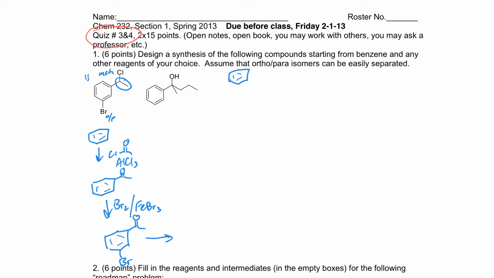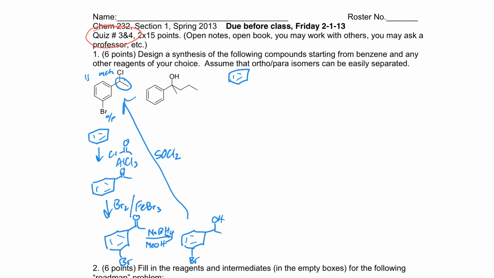And I can turn this into an alkyl chloride by first reducing to an alcohol, and probably some methanol there for a proton source. And then back up here, simply SOCl2 should give us the chloride.